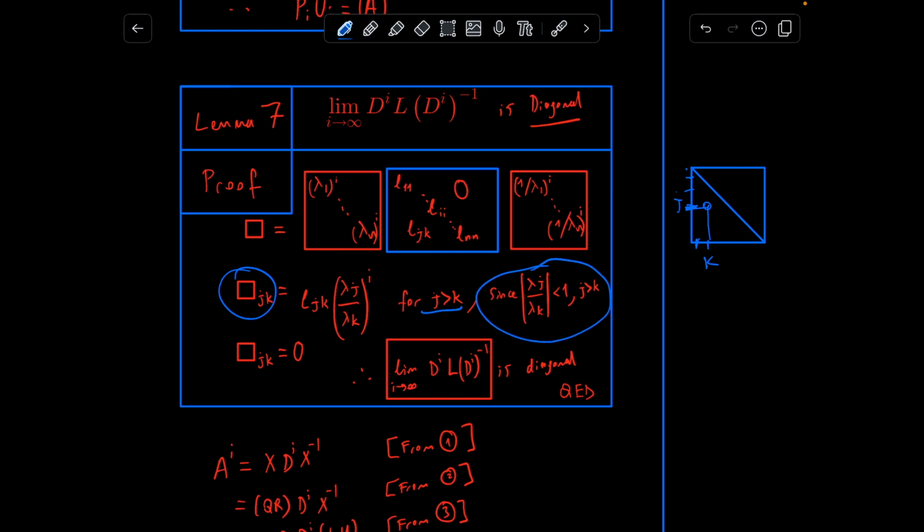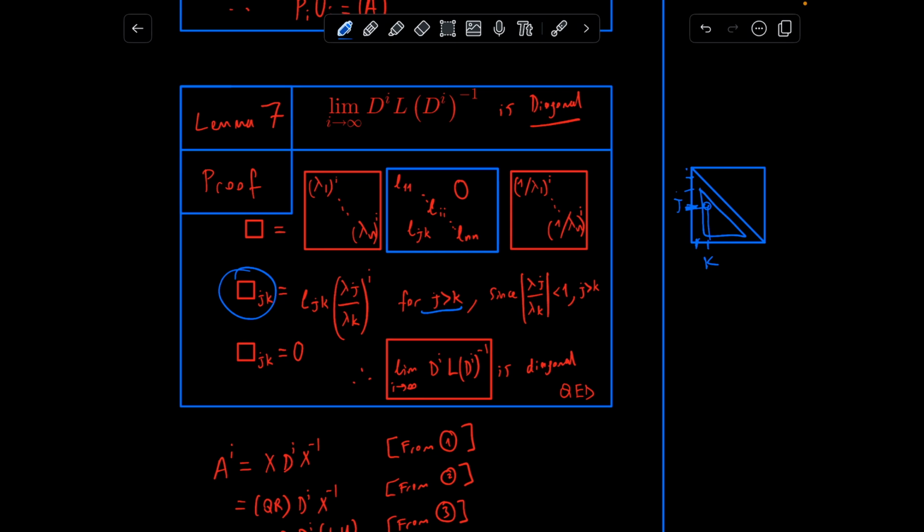If that is the case, this term will be 0, and all the entries that lie underneath that diagonal line will be 0.